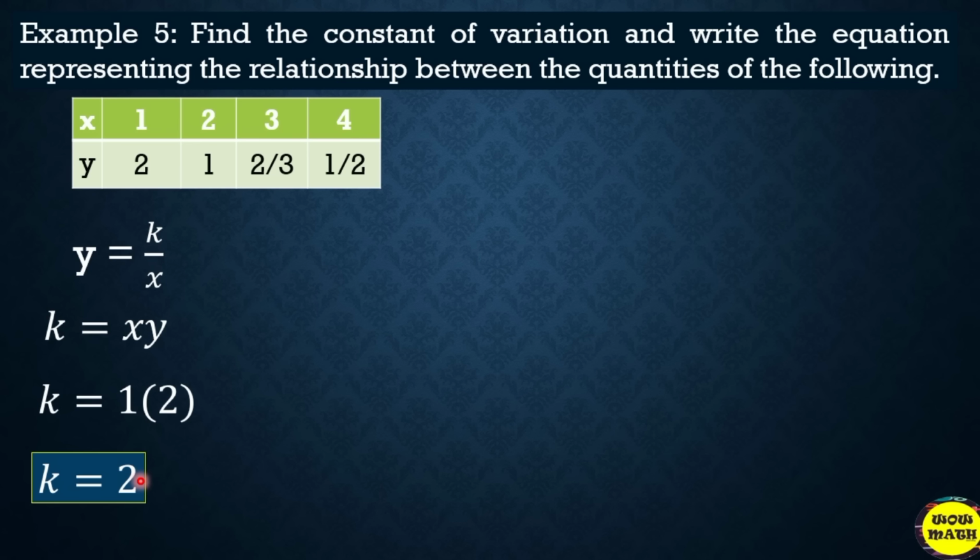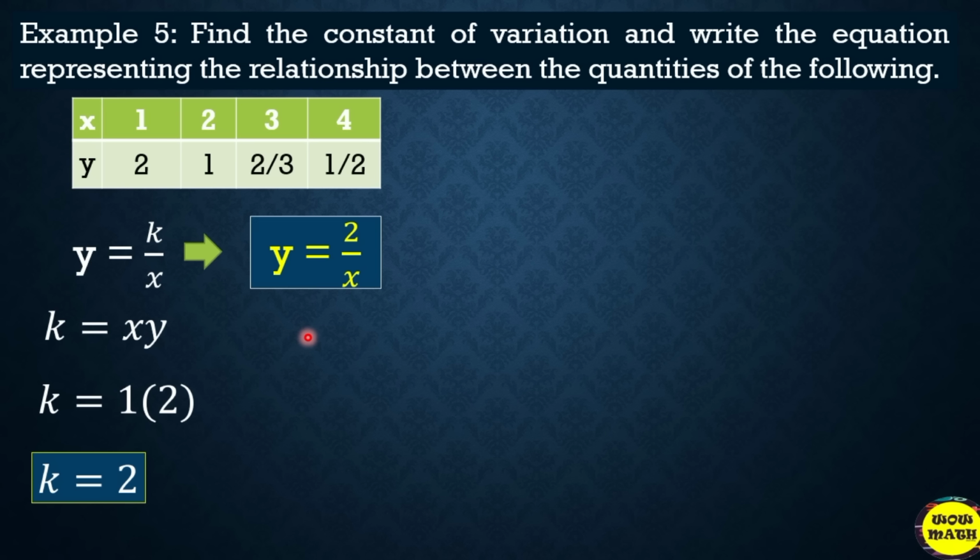So, kapag chinek natin, kapag minultiply natin yung pangalawa, 2 times 1, still the answer is 2. 3 times 2/3, still the answer is 2. Kasi makakancel yung 3, so maiwan yung 2. Kalahati ng 4, that is 2. So, ibig sabihin, ang constant natin dyan ay 2. Paano natin kukunin ngayon yung equation? Okay, balik tayo dito. So, papalitan lang natin yung k natin ng value natin na nakuha.